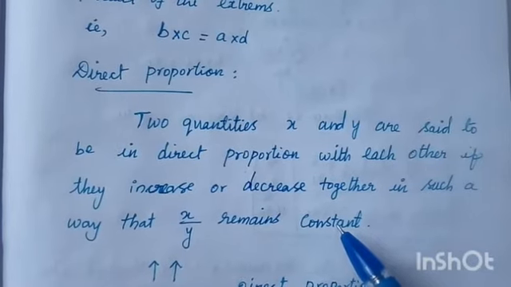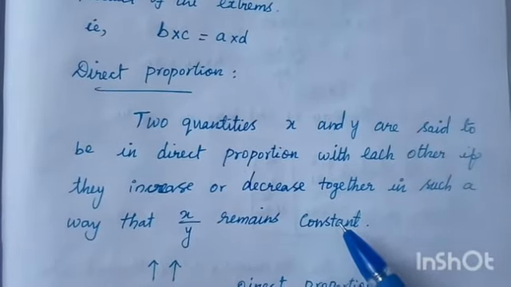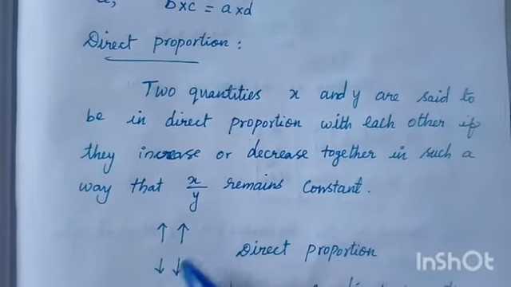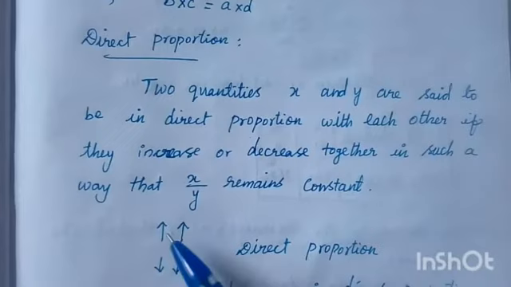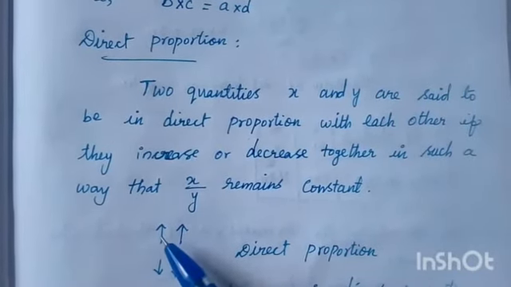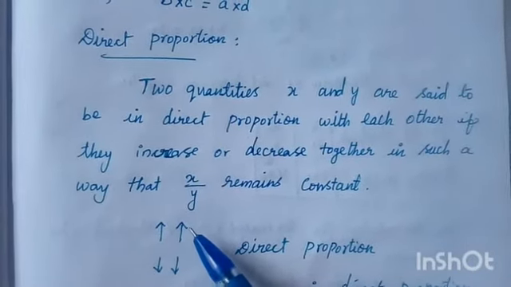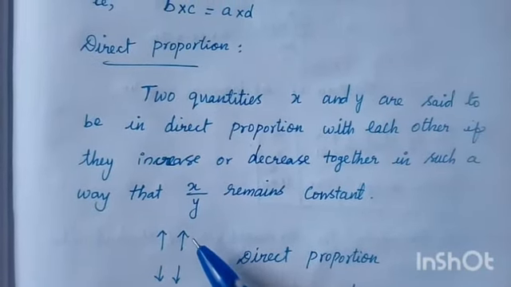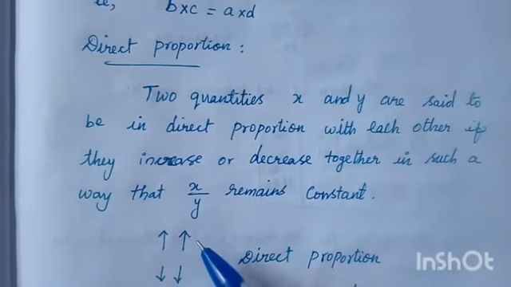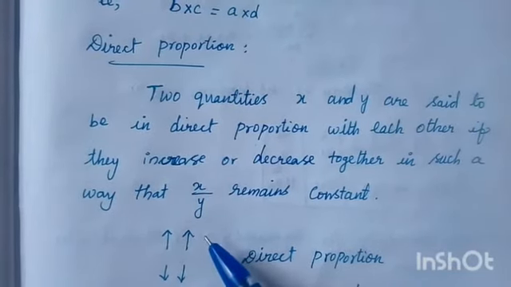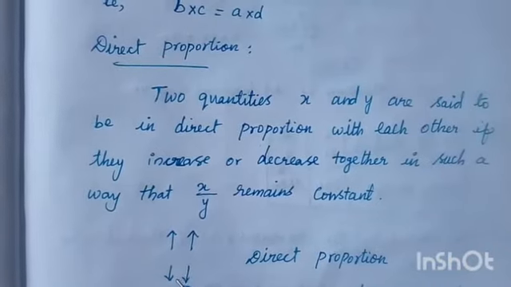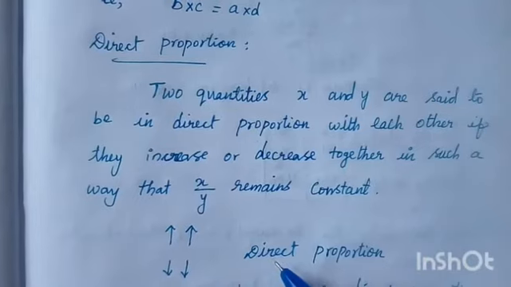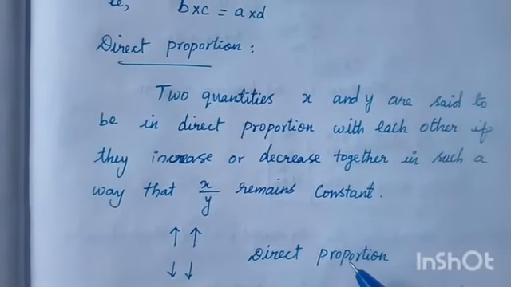For example, the cost of pens: 2 pens cost 10 rupees, so what is the cost of 4 pens? As the number of pens increases, the cost also increases. In the same way, as the number decreases, the cost also decreases. It is called direct proportion.